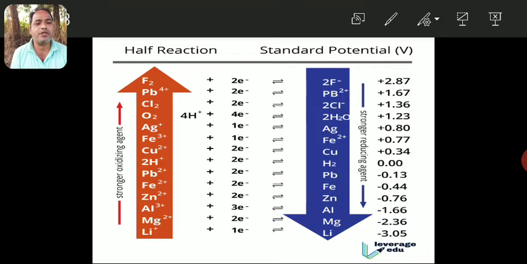So hydrogen, the standard hydrogen electrode, is used as the primary reference electrode. This arrangement of half reactions is known as the electrochemical series.